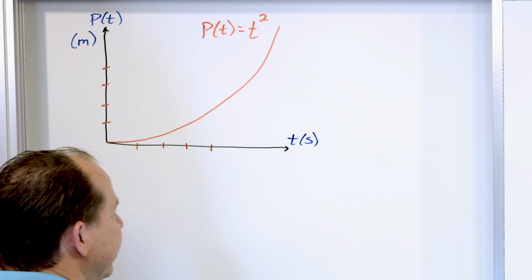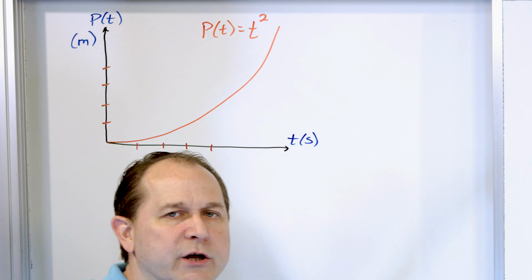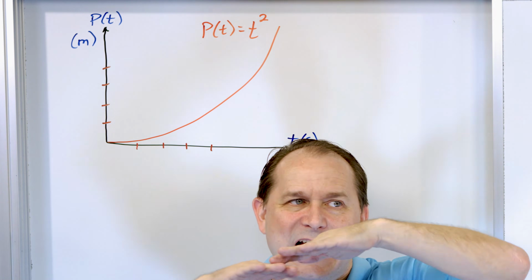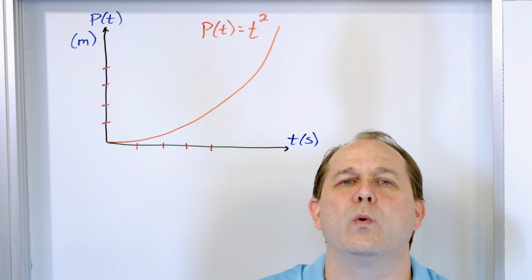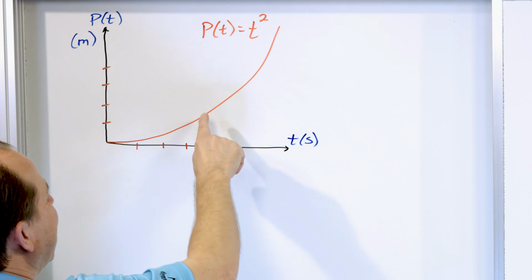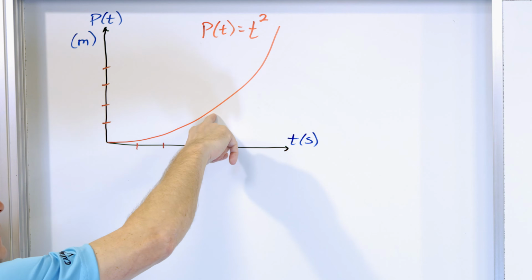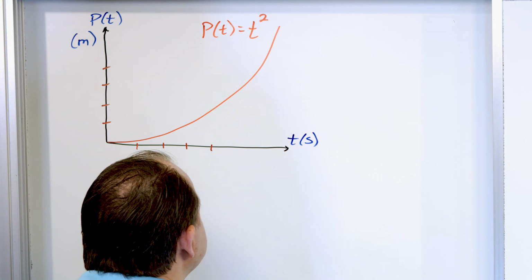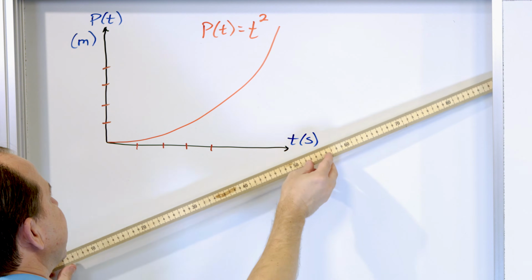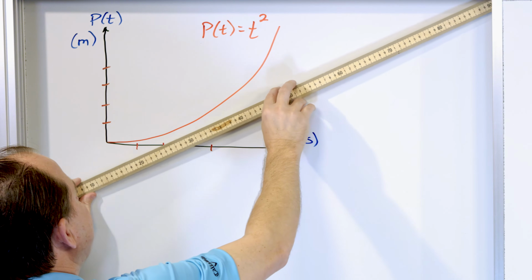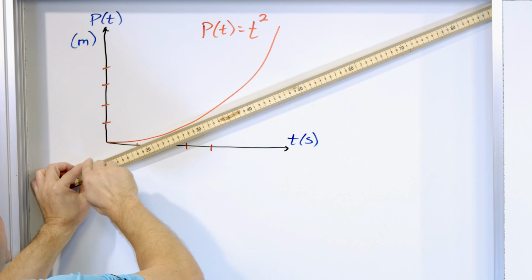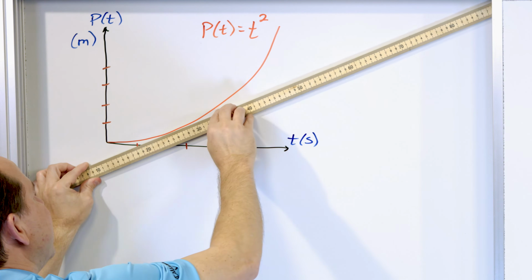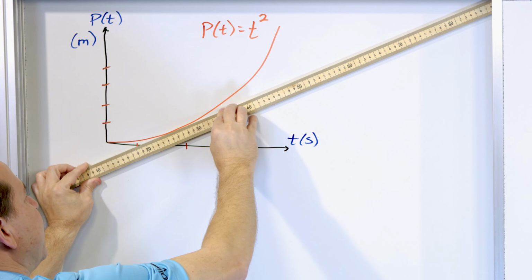But if I ask you, what is the slope of this thing? Well, you're not going to know what to say because it's not a straight line. If I ask you what is the slope of this thing right here, what would you tell me? Well, it's curving, so you probably wouldn't know. So in calculus, what we say is the slope of a curve, or the rate of change of something, is the slope of the line that is tangent, which just means barely touching the curve at one point.